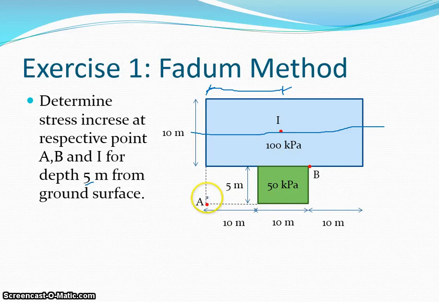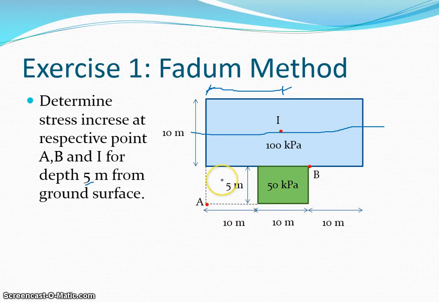You might try by yourself, but the theory is you do a bigger rectangular first, and then minus the shorter one, the rectangular below, the one longer in length, and then you add again the 50 kilopascal, and finally you minus again this box only.